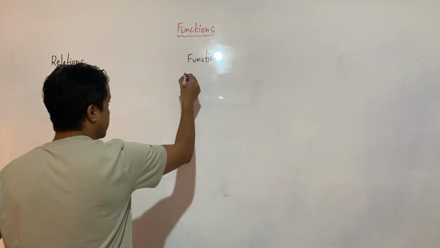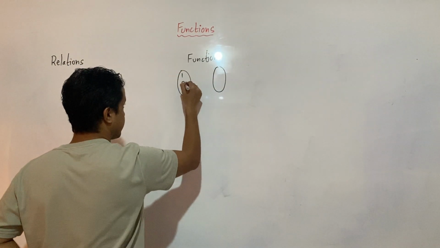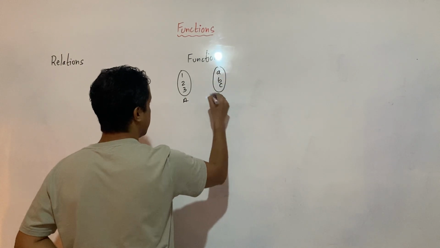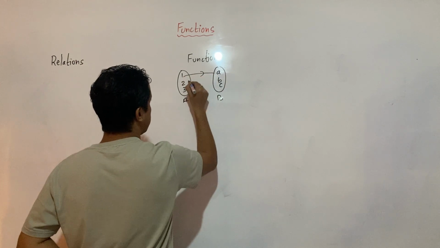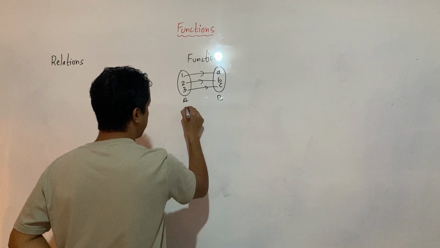In functions you can see here that I have elements 1, 2, 3 in A and a, b, c in B. This is going to be what type of mapping?